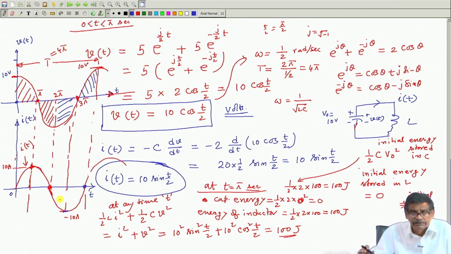So this is a rather simple circuit, but nonetheless, behind all these mathematical steps that I have done, always try to understand physically what is happening. All the concepts of volt second apply again. Similarly, you see the capacitor voltage, it is decreasing here.